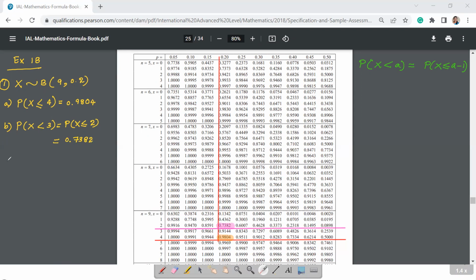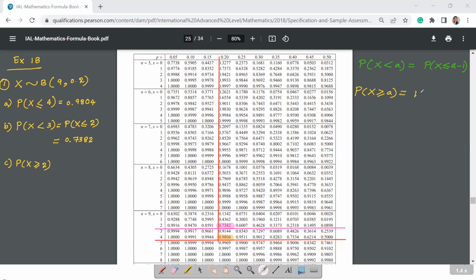Part C. You have to find the probability x is greater than or equal to 2. So how do you get the probability x is greater than or equal to a?